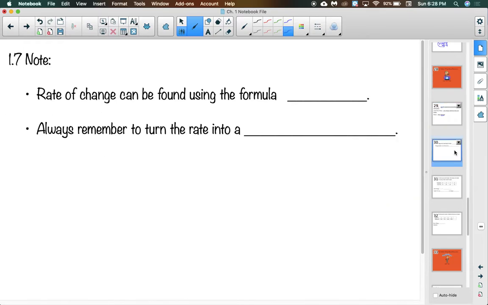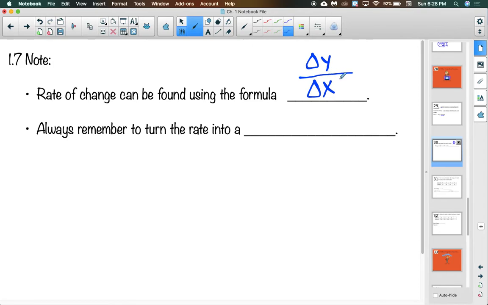Okay, so 2 notes. The first note is a rate of change can be found using the formula. Are you ready for this? Delta y over delta x. Okay, so delta y over delta x, that means we're going to be dealing with a table.